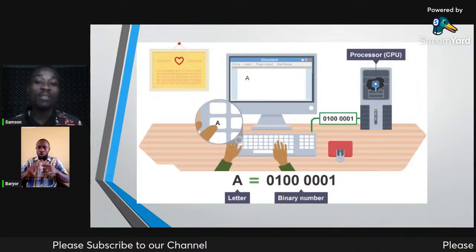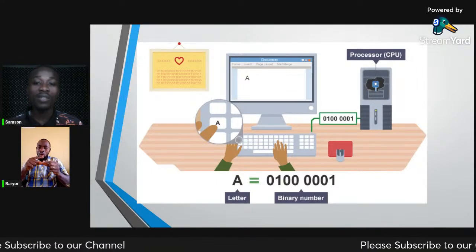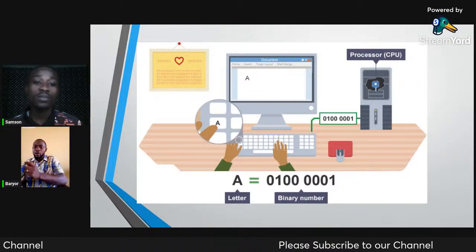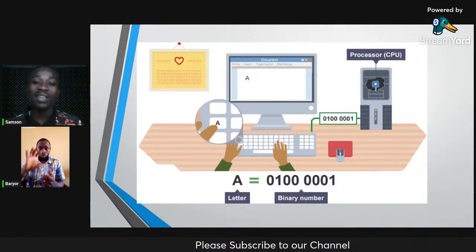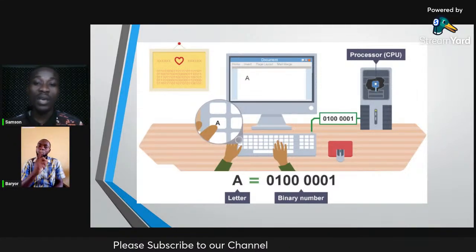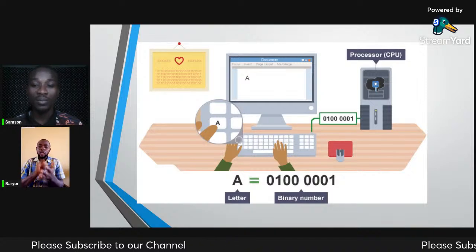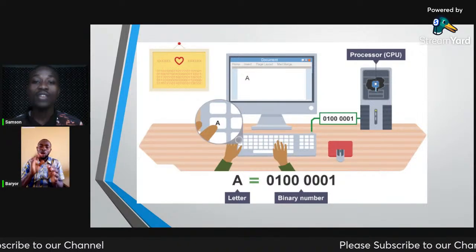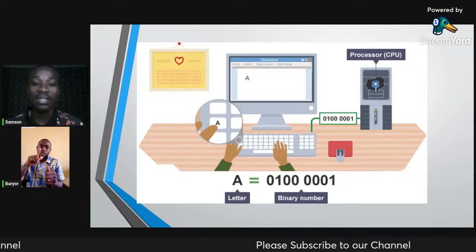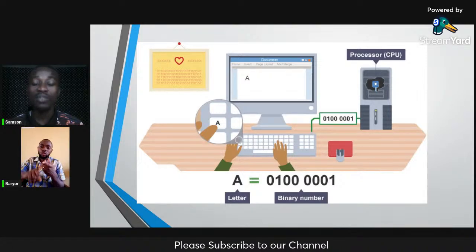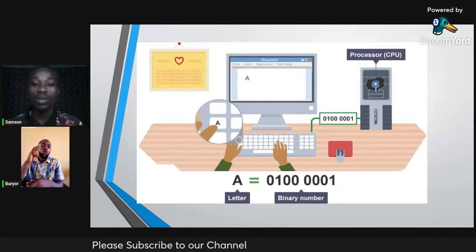Then the keyboard transfers that information into the CPU where the interpreter is. That's where the interpreter will now break down each letter into the numerical codes, into the binary code that the computer will understand.